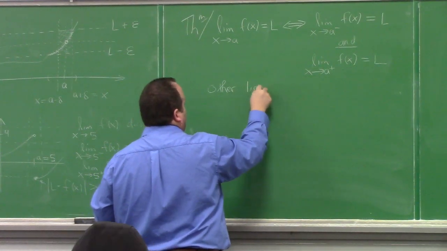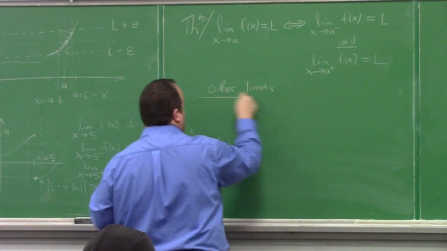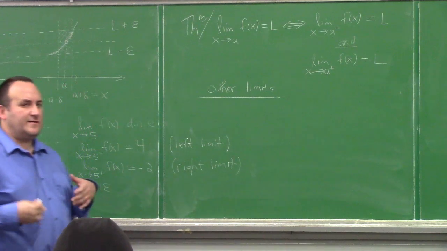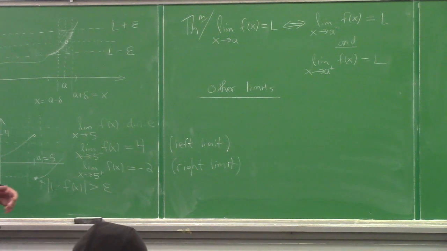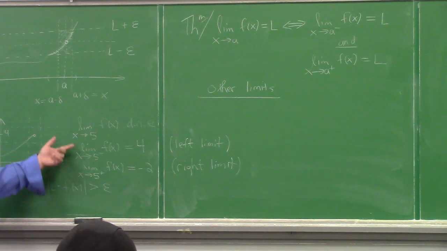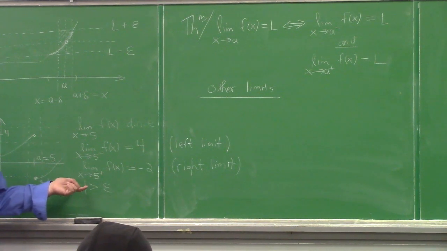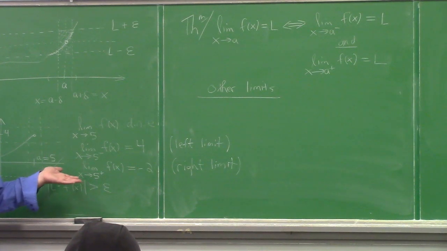So what I'm going to do here, for at least the first few minutes, is just talk about limits graphically, all right? If you look at my notes, there's also a careful epsilon-delta definition for the left and the right limits, but I'm not going to write those in class. You can look at them in the notes.